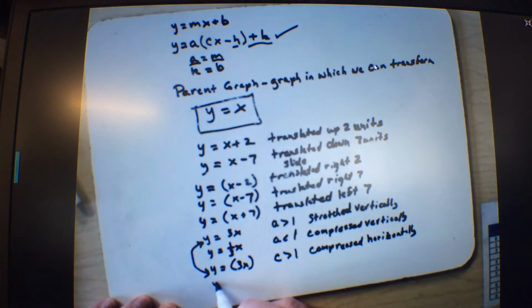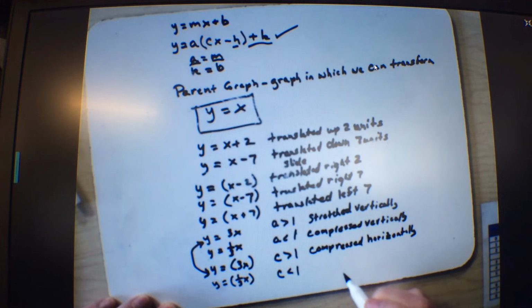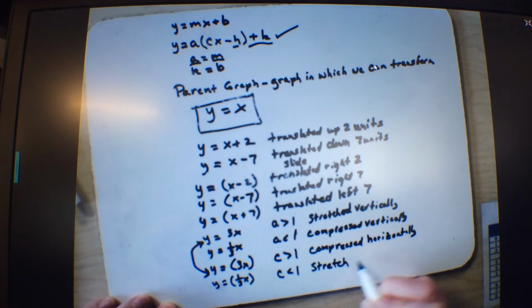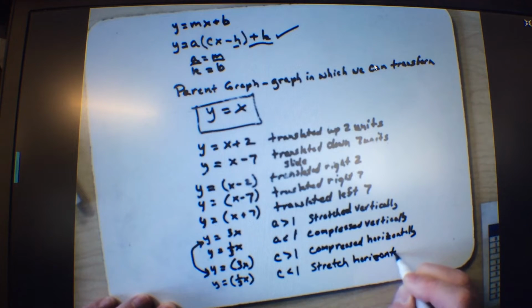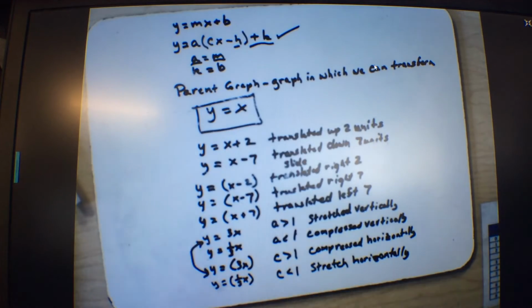So what happens then when we put the 1/3 inside, do you think? Where c is less than 1. It is stretched horizontally. So if it's in parentheses, it's a horizontal.